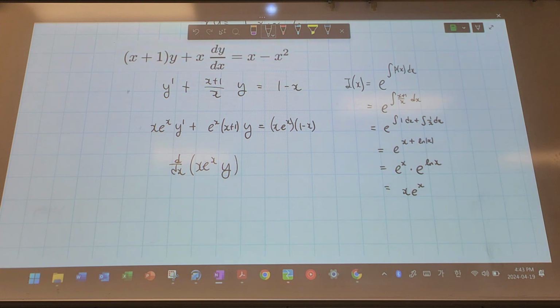The same, yeah. So if you find the derivative of x times e to the power of x, it becomes e to the power of x plus x times e to the power of x, right? So you factor out the e to the x, so it becomes e to the x times x plus 1. So it just works out. No need to say. Okay.